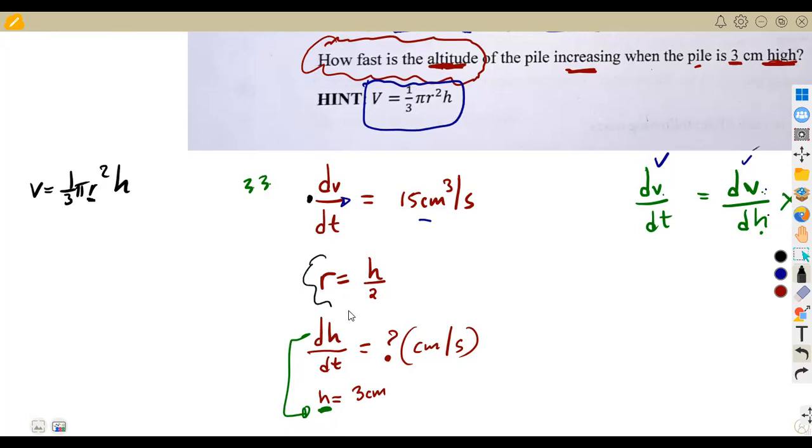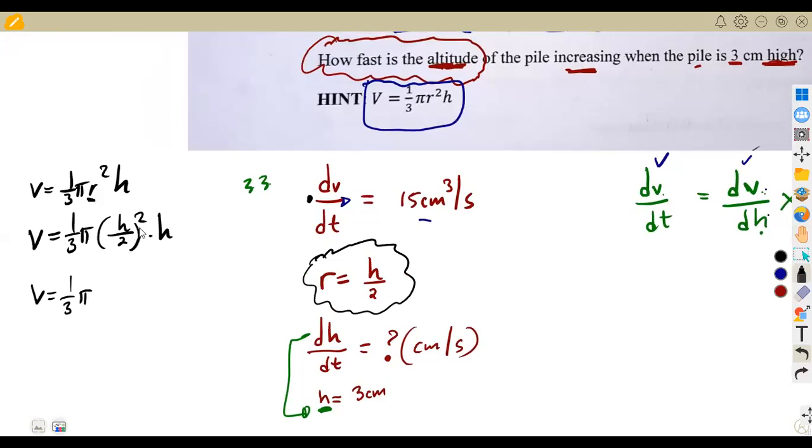We are given that the radius is always equal to h over 2. So our V was going to be a third pi, the radius, which is h over 2, squared, times the height. You substitute so that dV/dh is an expression of volume with respect to the height. So V is a third pi, h squared over 2 squared, that is 4, times h, which is the same as h over 1.